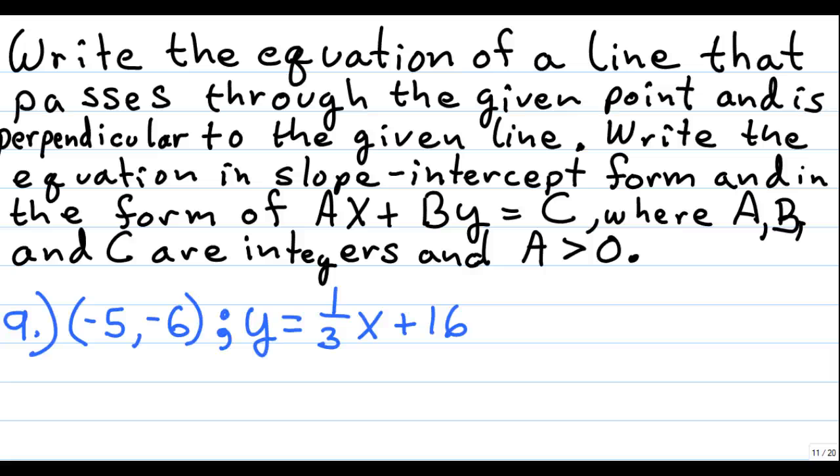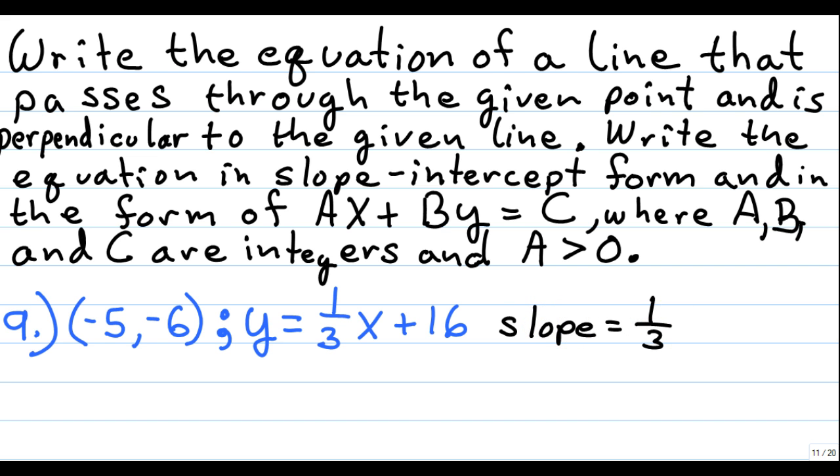When the given line is perpendicular to our line, the slope for our line will be the reciprocal of the given line's slope with the opposite sign. So when we look at the one here, the slope on this line is going to be equal to 1/3.